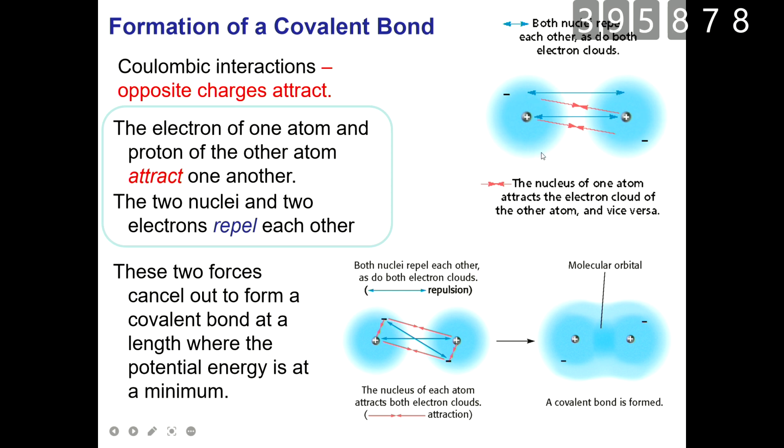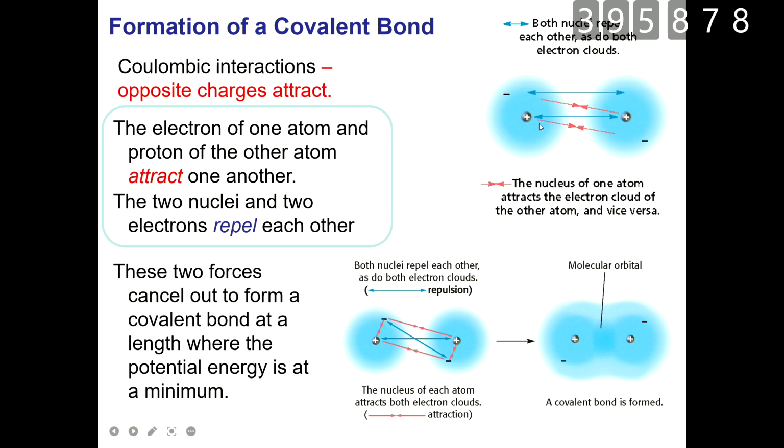In one atom, it has a nucleus, right? The nucleus has a plus charge, and the electron has a negative charge. And for this one, plus charge, negative charge. Between the electron and the nucleus, they attract each other, right?